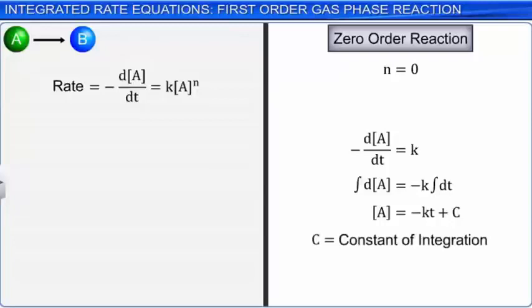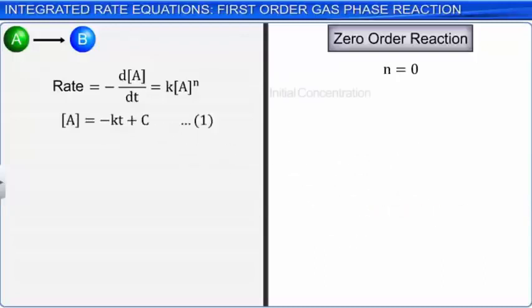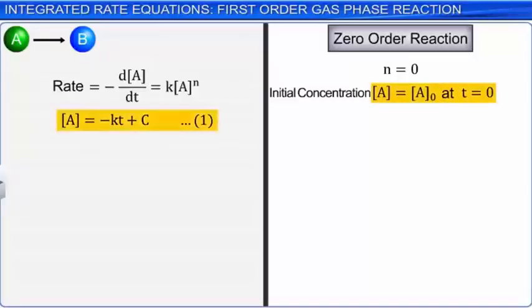Let this be equation 1. Let the initial concentration of reactant A be A naught at time t is equal to 0. Substituting the value of A naught at time t is equal to 0 in equation 1, we get C is equal to A naught.